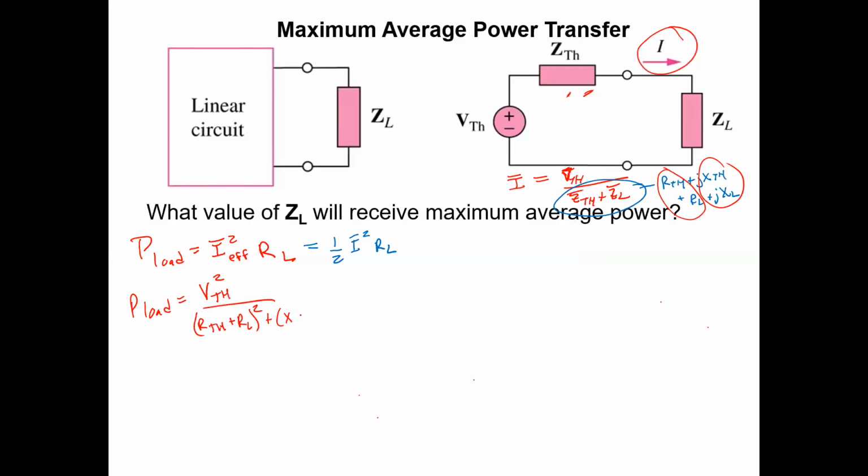And I think we're actually looking at magnitudes. If we want to talk about the magnitude of I, it's going to give us the magnitude of the power. It's going to be the magnitude of V Thevenin over the square root of R Thevenin plus RL squared plus X Thevenin plus XL squared. This is a little bit of a hand-wavy thing, but it's showing you the reasoning behind how we're going to do this calculation.